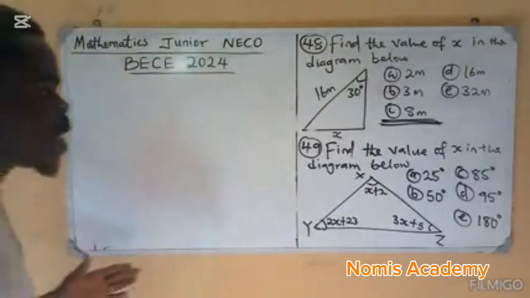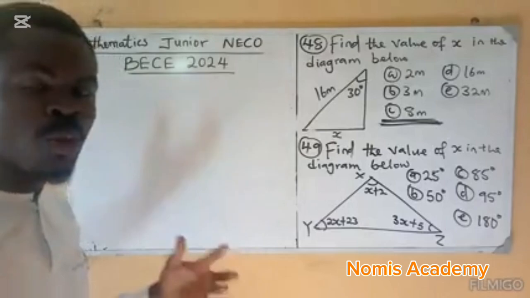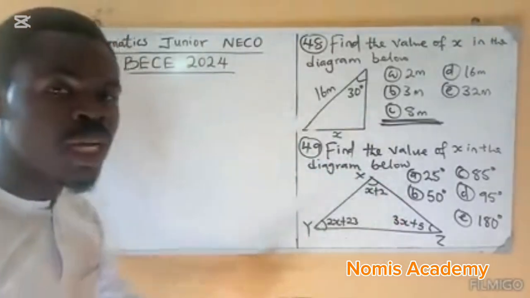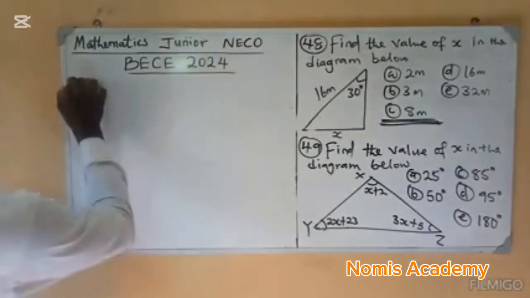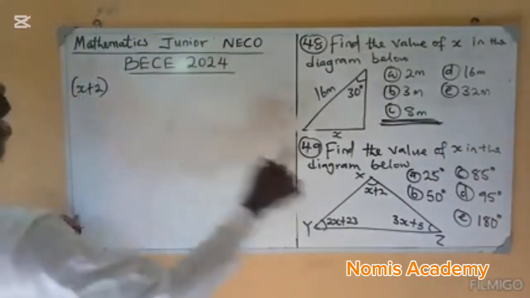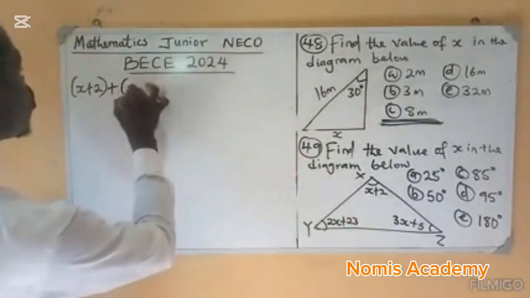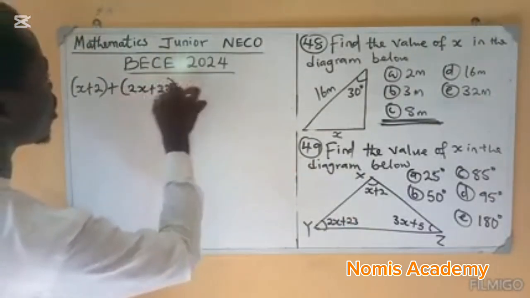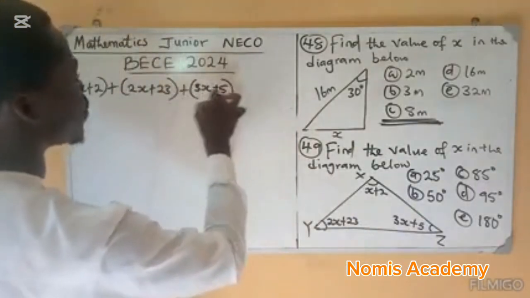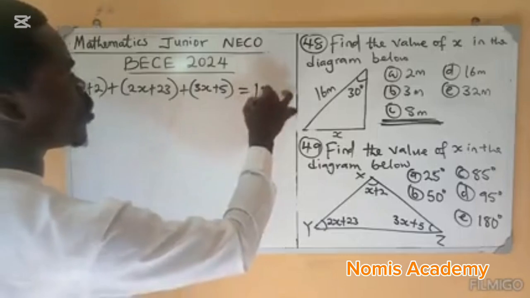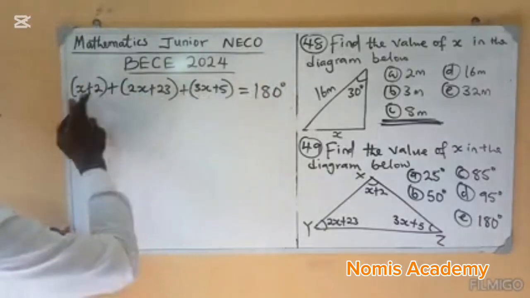Okay, now we know that the three angles of a triangle sum up to 180 degrees. So we have it this way: x plus 2, that is angle at x, plus angle at y, which is 2x plus 23, plus angle at z, which is 3x plus 5, all sum up to 180 degrees. Now we are going to add all the x variables.